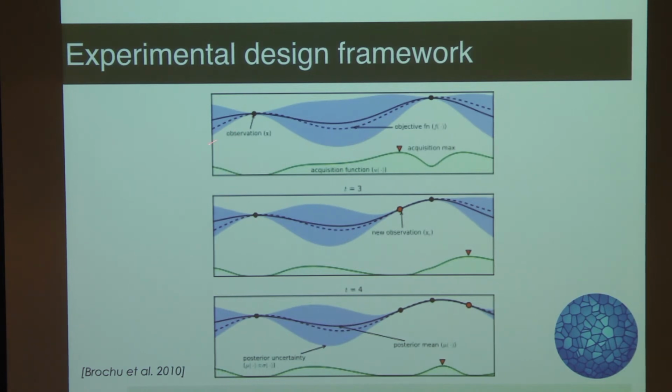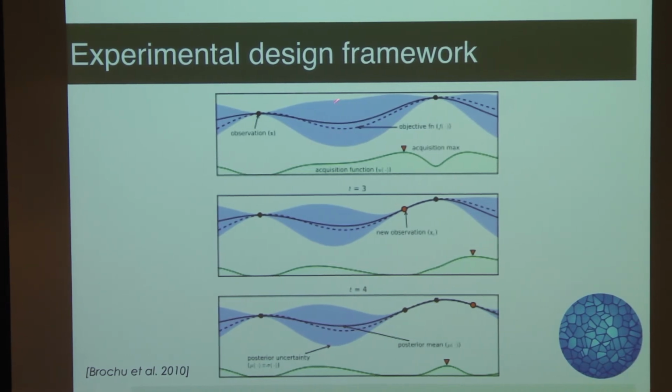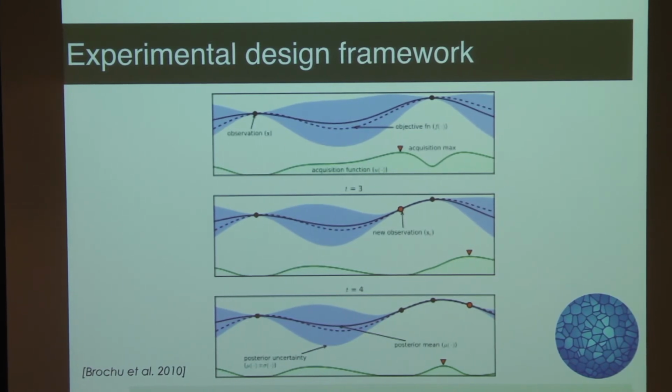We're going to model this as some nonlinear function. We're also going to model the error. In other words, we have a lot of uncertainty around this region because we haven't actually evaluated a sample at that many cells.